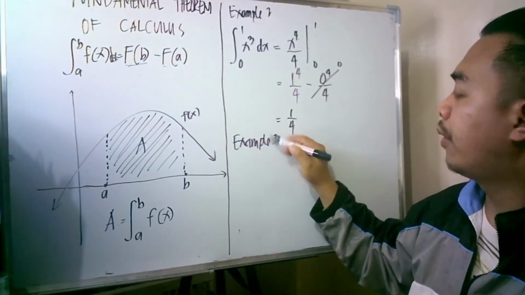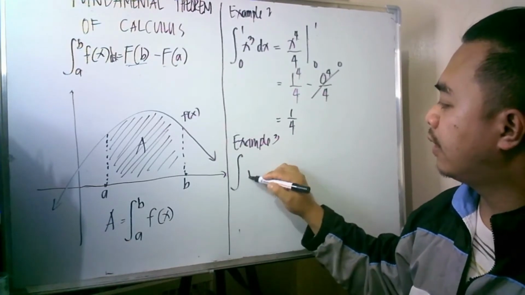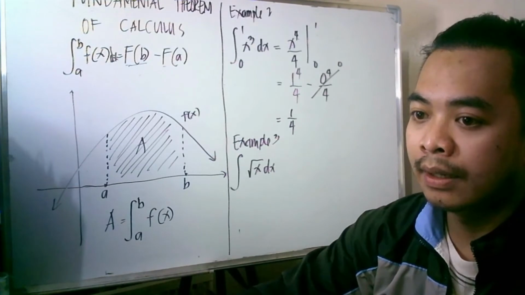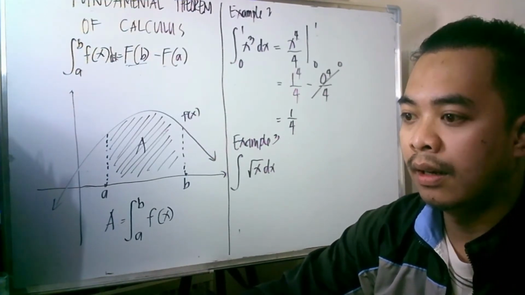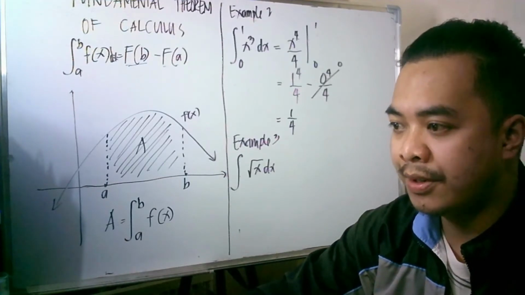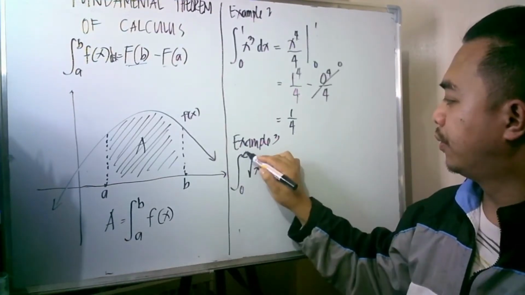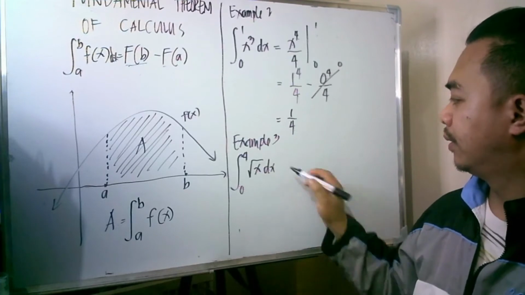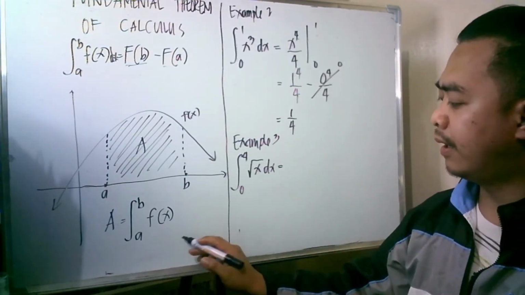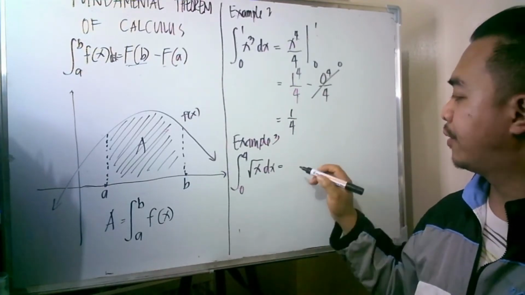Example number 3. We are to integrate square root of x dx. But ang ating limits ay from 0 to 4. Okay. Ang square root of x ay the same as x raised to 1/2.